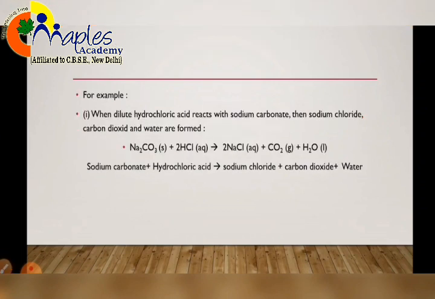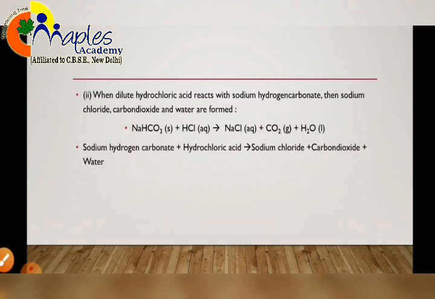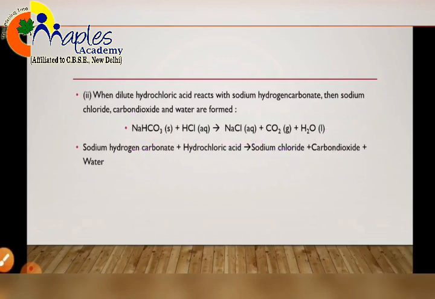Dilute hydrochloric acid reacting with sodium carbonate forms NaCl, a common salt, CO2 and H2O. Again, hydrochloric acid reacting with the metal hydrogen carbonate again forms NaCl, the salt, carbon dioxide and water, right?